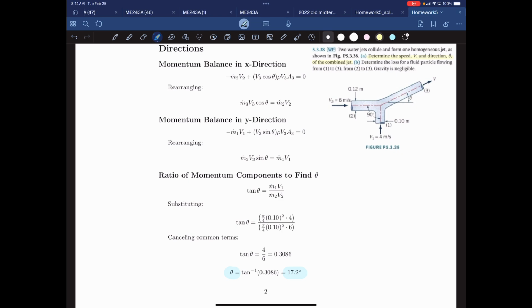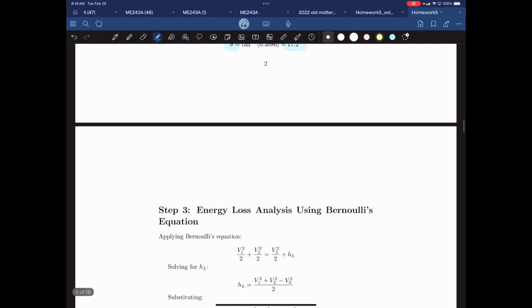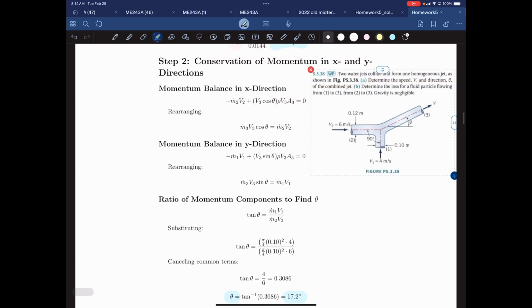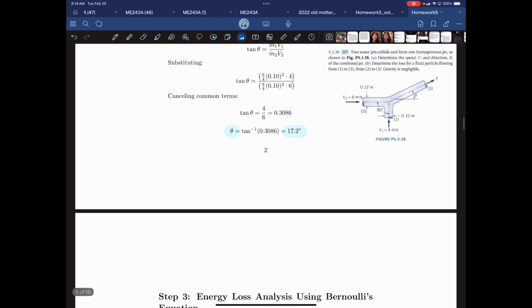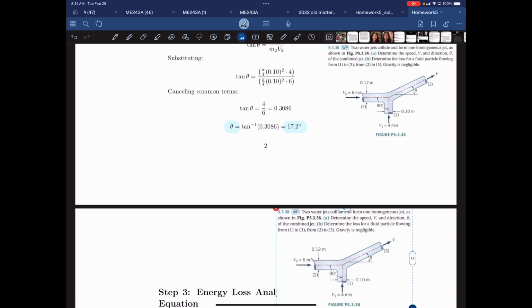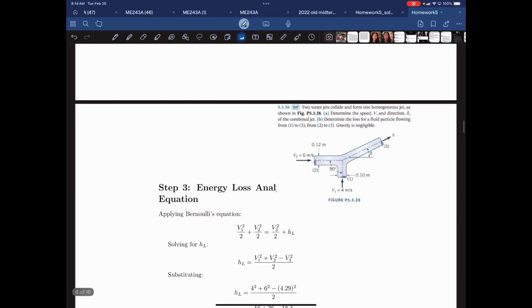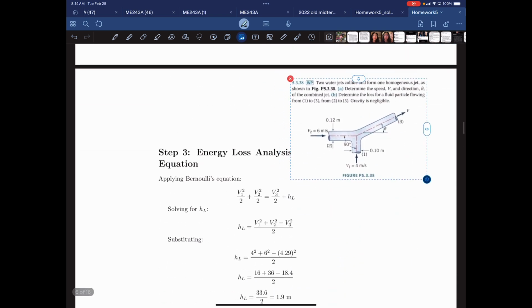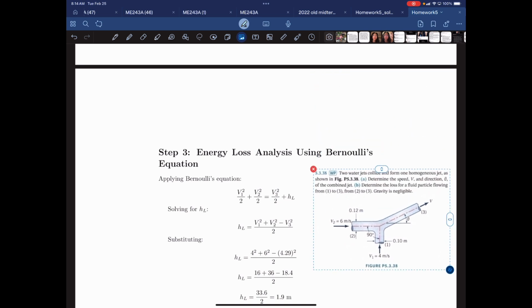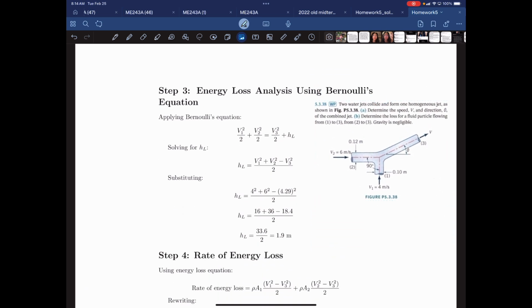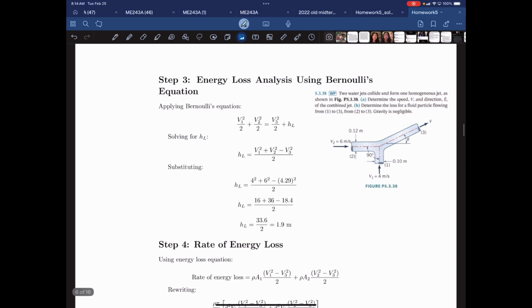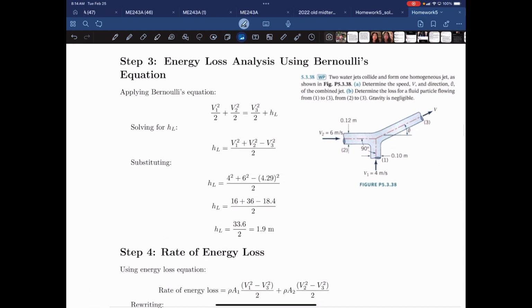Okay, so then we move on. Let me bring this down. Okay, so now we're using Bernoulli's equation to find the energy loss, because for part B, that's what it's asking for.